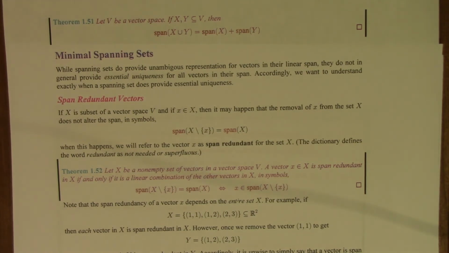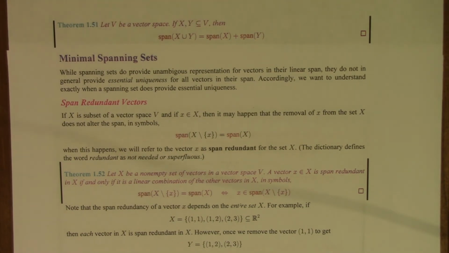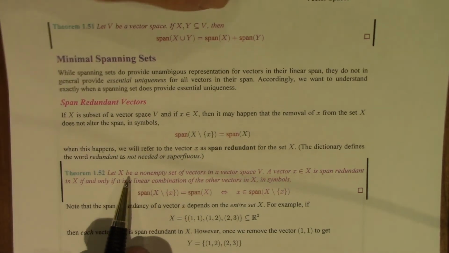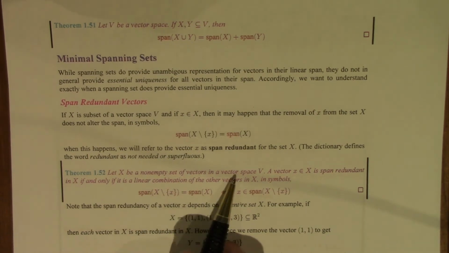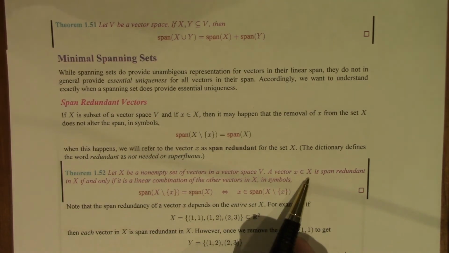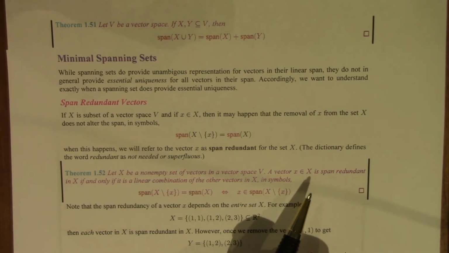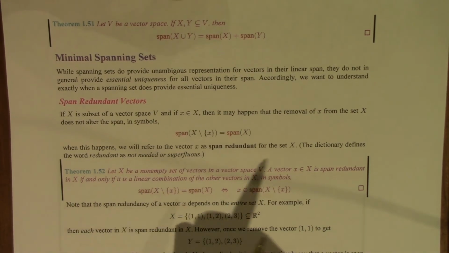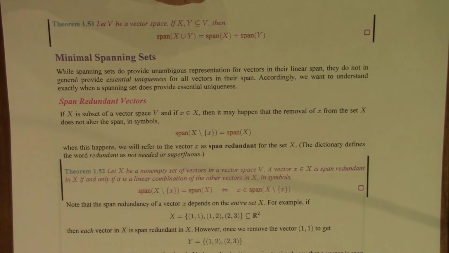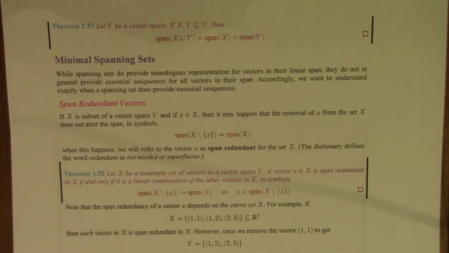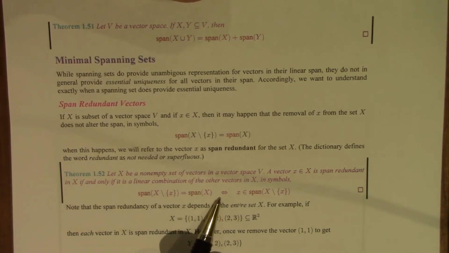The dictionary defines the word redundant as not needed or superfluous, and that fits perfectly. Here's a little theorem. Let X be a non-empty set of vectors in a vector space V. A vector little x in capital X is span redundant for X if and only if little x is a linear combination of the other vectors in capital X. So here's what it looks like in symbols.